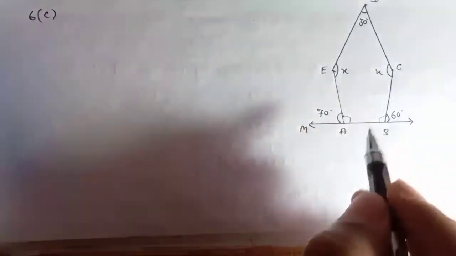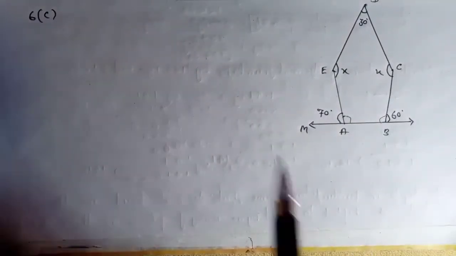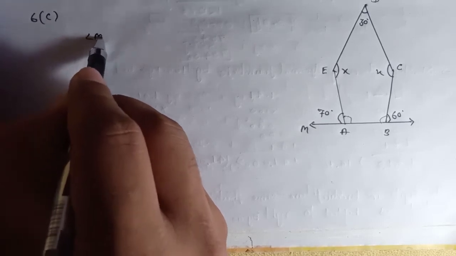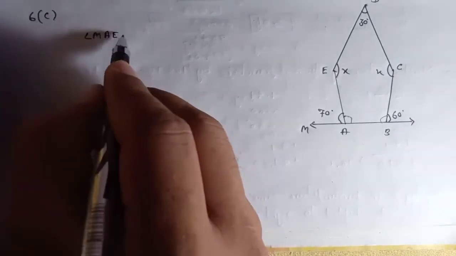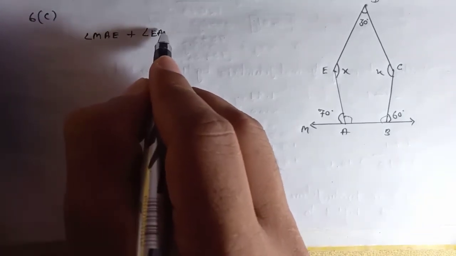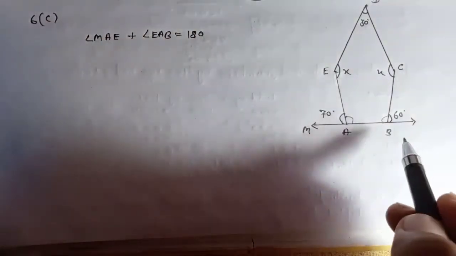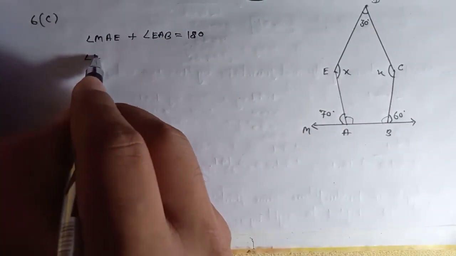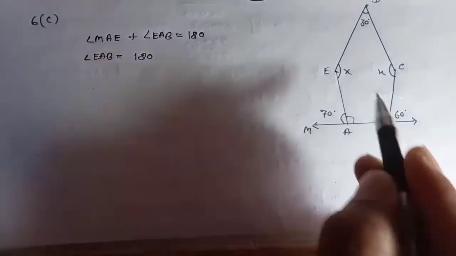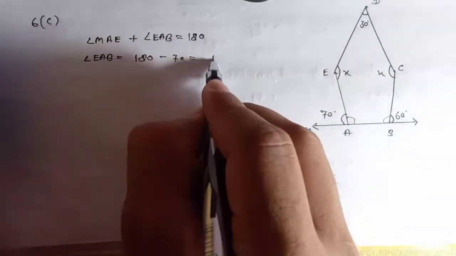we have MAE plus EAB is equal to 180 degrees because of a linear pair. So right here, angle MAE plus angle EAB is equal to 180 degrees. To find angle EAB, you have to subtract this angle EAM from 180, so that is 70, and it gives you 110.